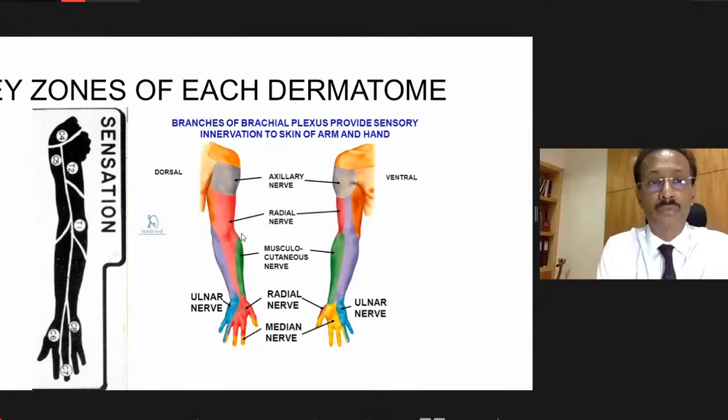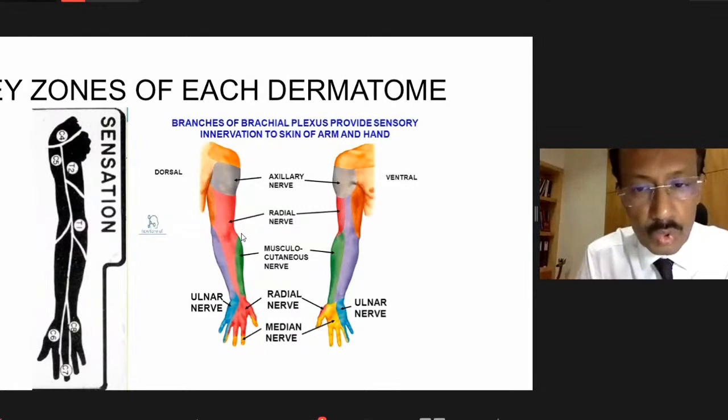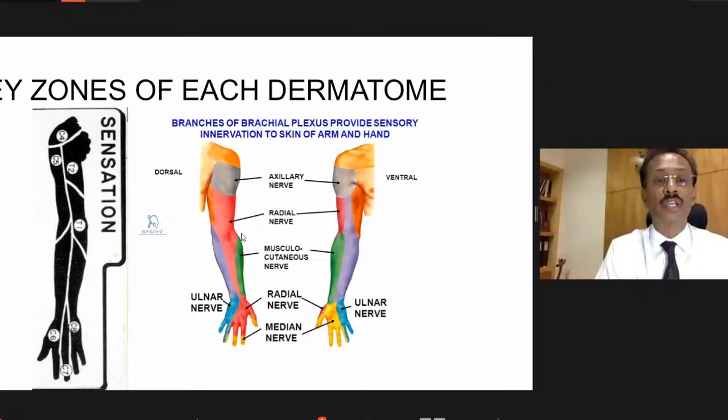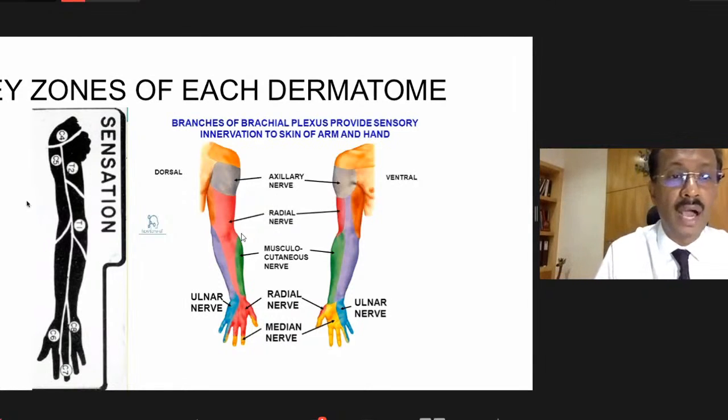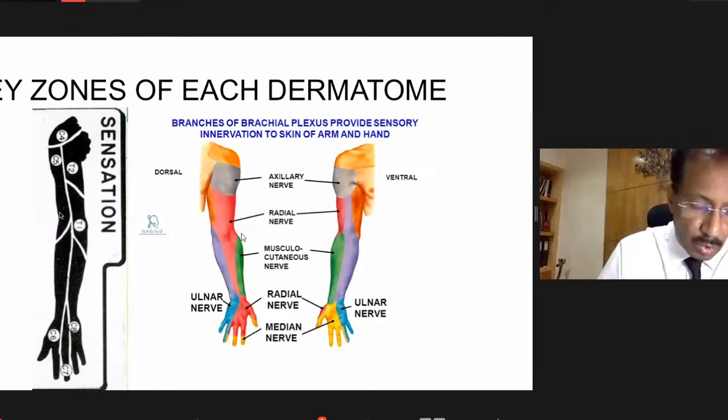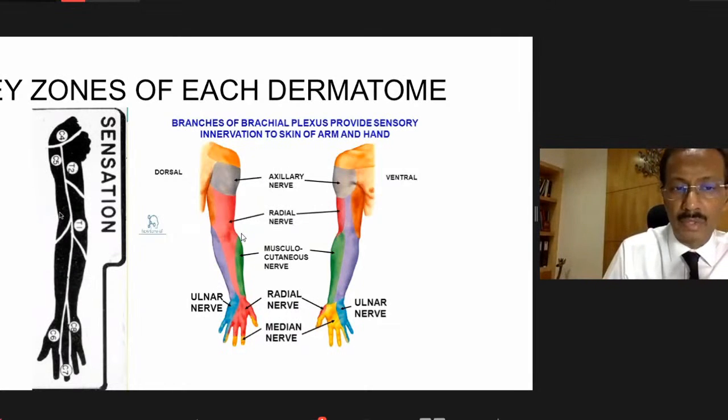The second question was, what is the difference between the dermatome of the spinal level and the peripheral nerve level? Now, I put up these two figures quickly so that there is a very clear difference. When you look at the upper limb, a dermatome is the segment of the skin which relates to the spinal level, that is the spinal nerve root.